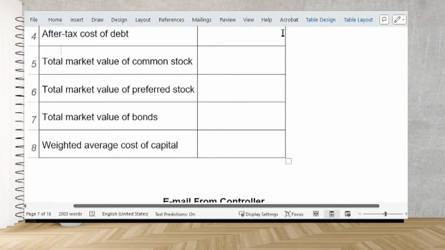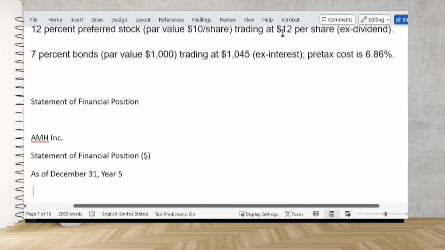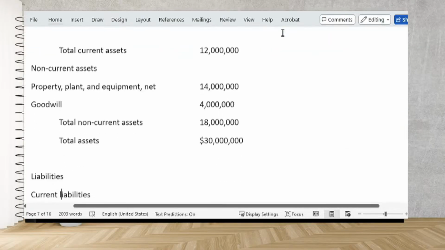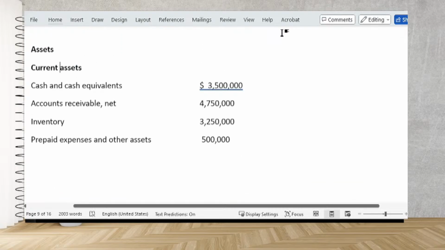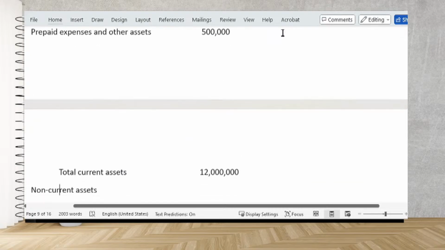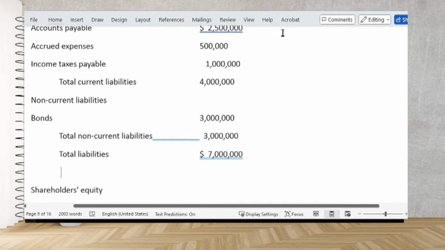Maybe the total market value of bond. So they are trading at 1045 ex-interest. So we need to consider ex-interest only. If it is inclusive of interest, then you need to reduce the interest amount. But here the ex-interest price they already gave. So bond value is 3 million.